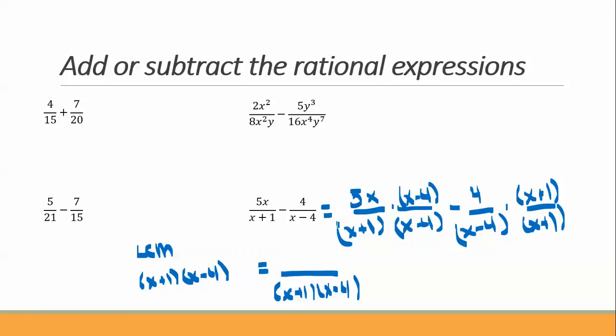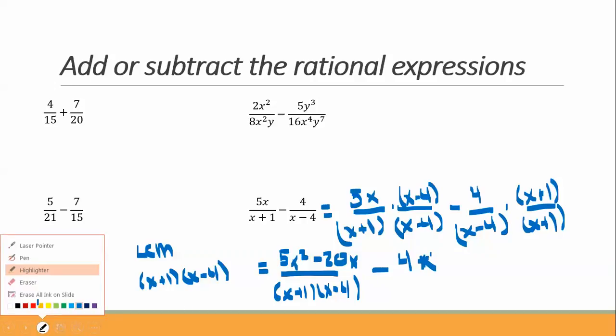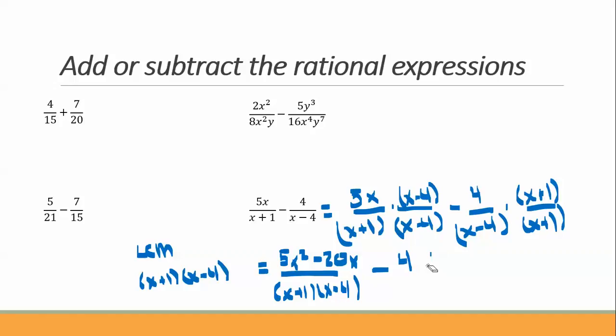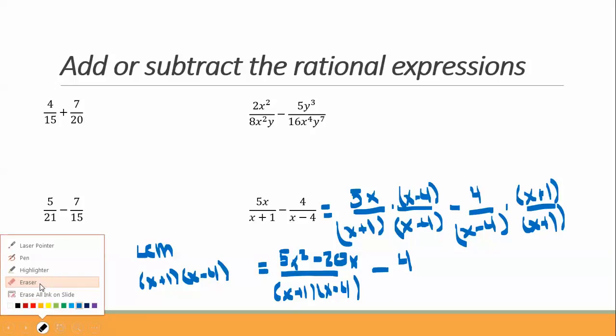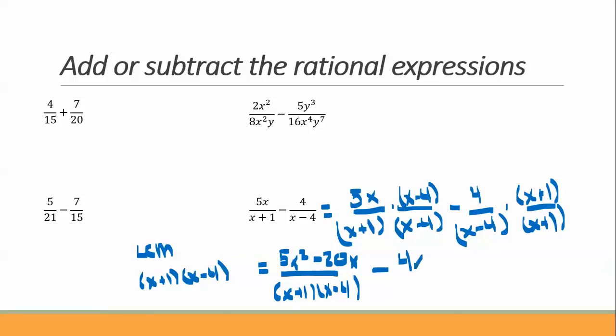And we multiply out the numerator using our distributive property of multiplication over subtraction. And we have 5x squared minus 20x minus the whole fraction of 4x plus 4 over x minus 4 x plus 1.